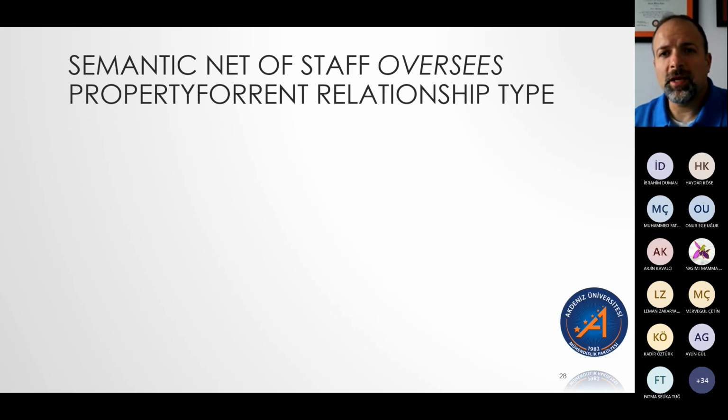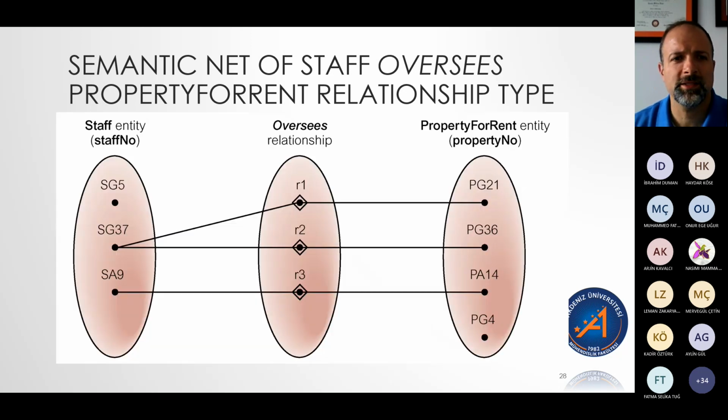What about the oversees relationship type? Meaning a staff person oversees properties for rent. So here we say that a staff person can oversee a property. A relationship represents that a property is being overseen by a particular staff person.